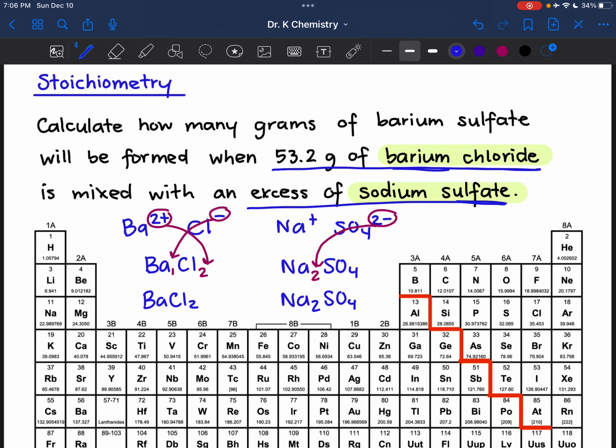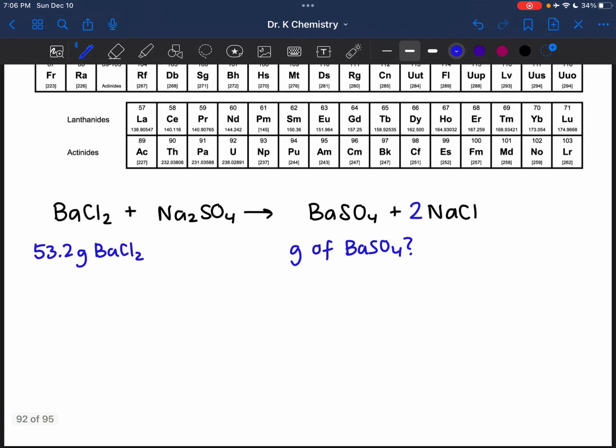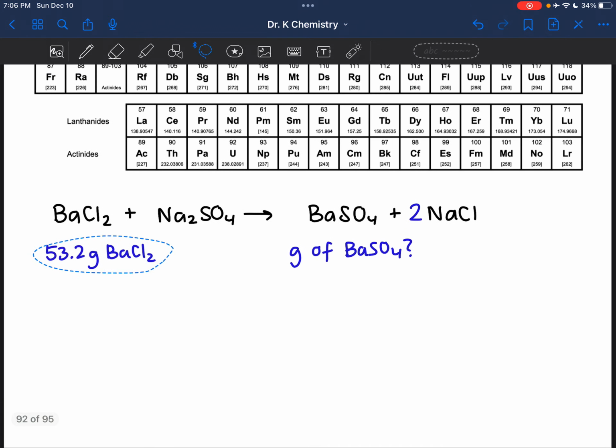The excess of sodium sulfate is really just telling us that we have enough sodium sulfate for this reaction to go to completion, so we don't actually care about sodium sulfate. Okay, so we know the grams of barium chloride. That is what we're putting into the reaction. So I'm just going to start there.